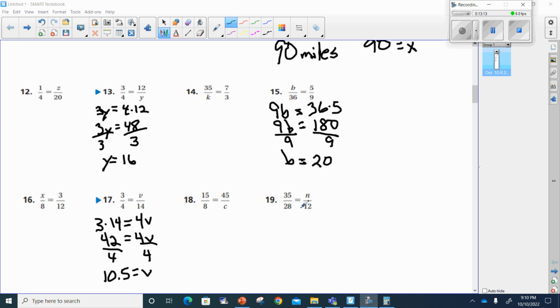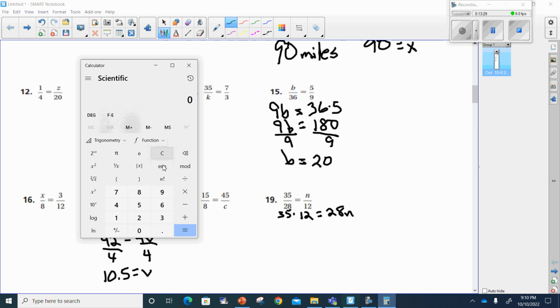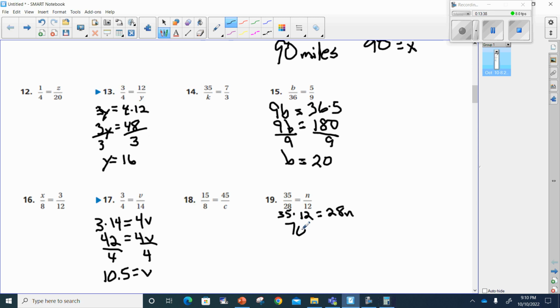Number 19, we see that we're going to have 35 times 12. That's going to have to equal 28 times m. Well, 35 times 12, that's going to equal 70. Now I have to divide 28m by 28, and I'm sorry, this can't be right because 35 times 2 is 70.